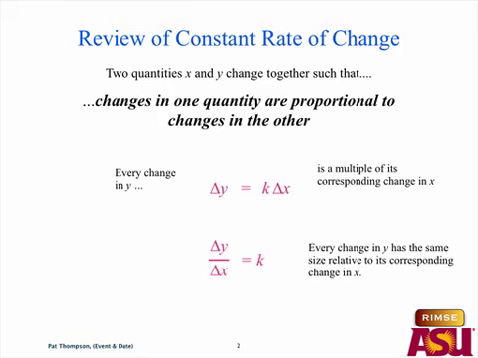It's the relative size of changes in y to changes in x. Every change in y is the same size relative to its corresponding change in x. Okay, so as we're starting to talk about accumulation, this is our key principle that allows us to accumulate a quantity, and this is calculus now.